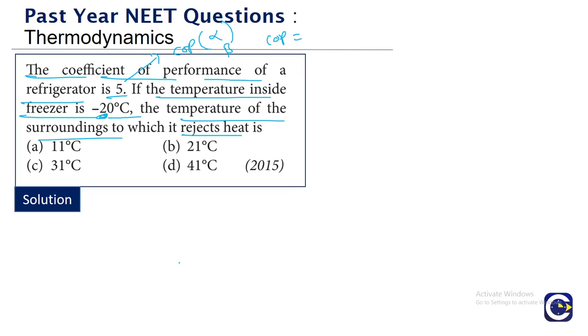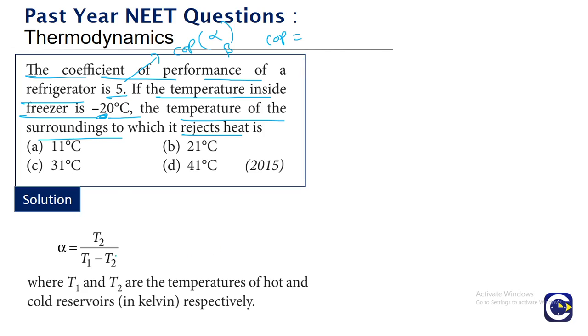The coefficient of performance in the case of the ideal refrigerator is equal to T2 by T1 minus T2. So this is the COP value. Here T2 is the temperature of the cold reservoir, and T1 is the temperature of the hot surroundings. Both must be on the Kelvin scale.